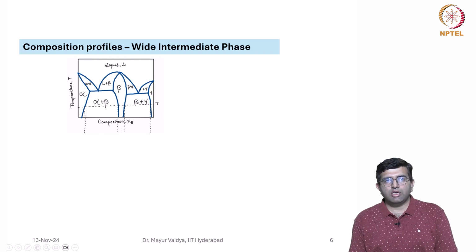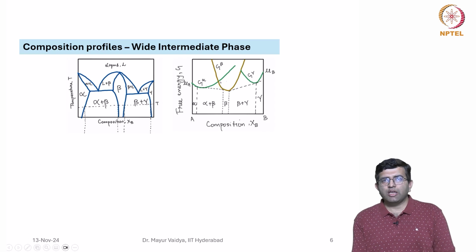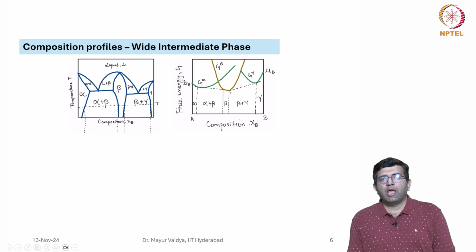At a temperature T, if you draw the free energy curve, you notice a slight difference in the way we draw it. The beta curve is now less steep because it can exist over a wider composition range, and when you do the common tangent construction, you will see there is a region of alpha, alpha plus beta, beta, beta plus gamma and gamma.